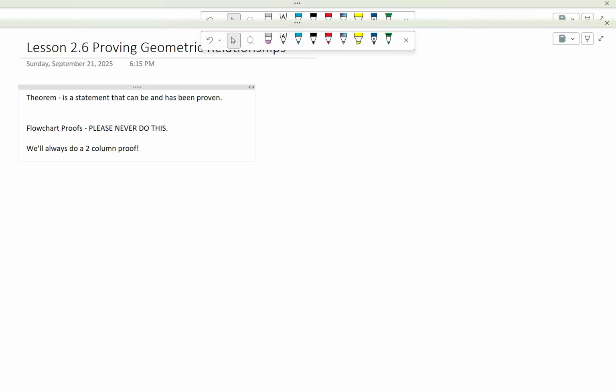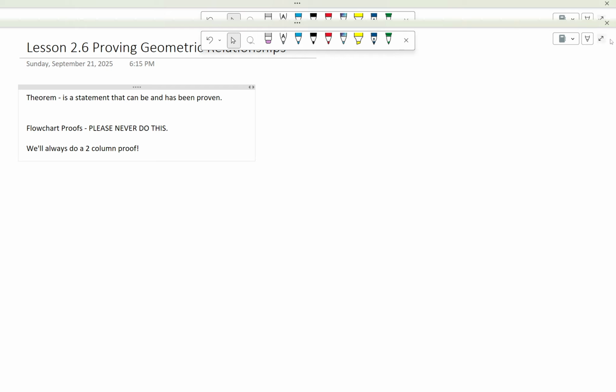The flowchart proof or informal proof, there are a lot of ways that they put this down, you don't need to ever do it that way. We'll always uniformly do the two-column proof. The reason I'll even assign those questions is because I actually like the question itself and the proof itself, but it should be done in the form of a two-column proof.